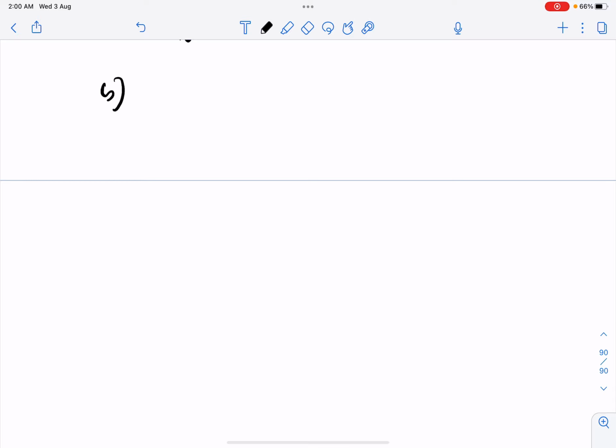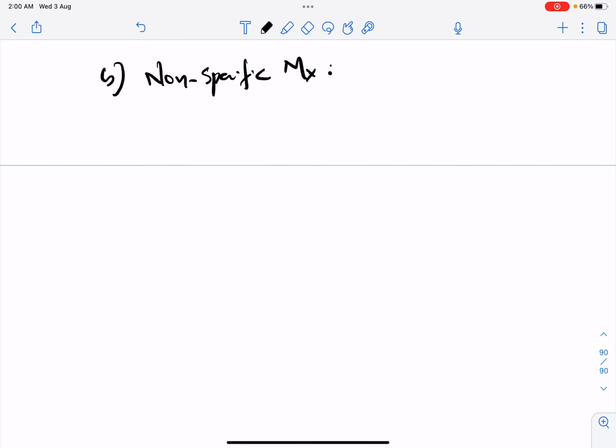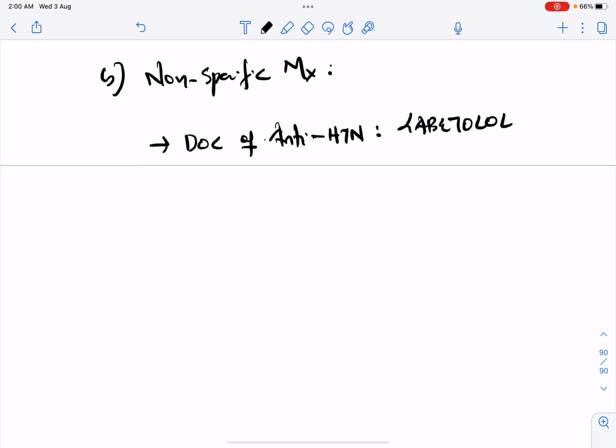Now there is certain non-specific management of preeclampsia. The non-specific management includes BP control. The drug of choice of antihypertensive in preeclampsia is labetalol, okay.